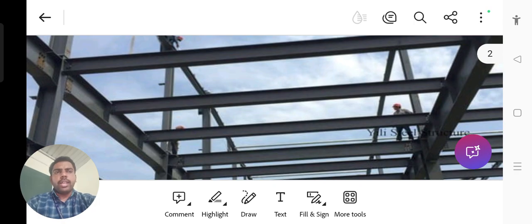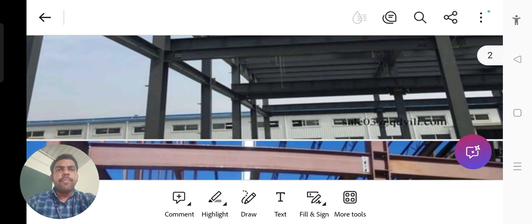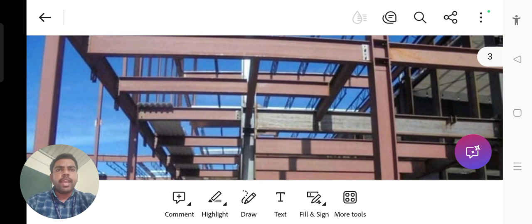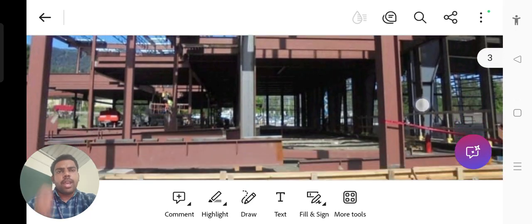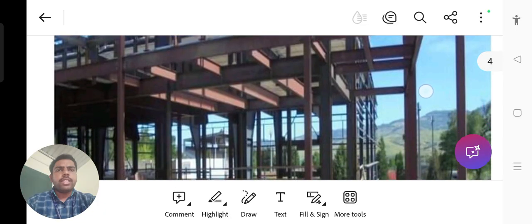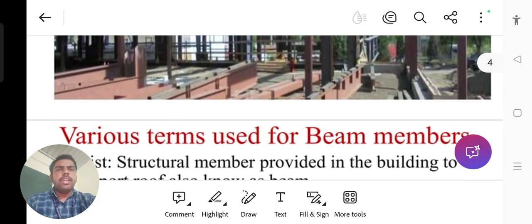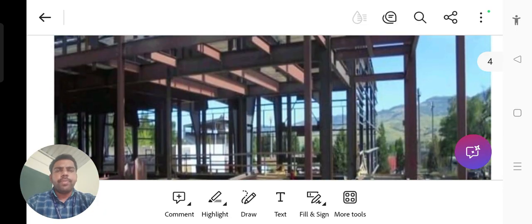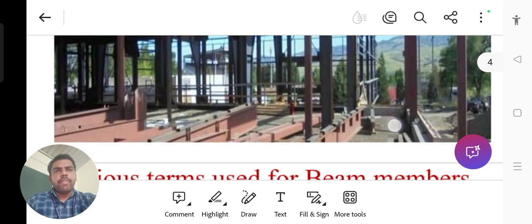How to connect the various components and members in the structure, what shape is involved, and what type of member should be capable at that location, we have to see here. See here: I sections, channel sections, cross sections, bolted connections, and sloping. What slope is provided at that location? These are all involved in these particular figures.